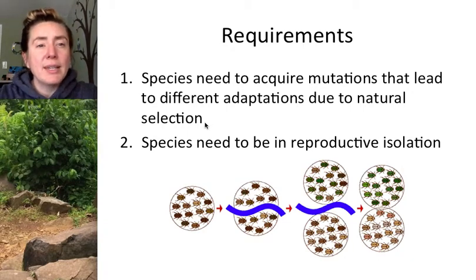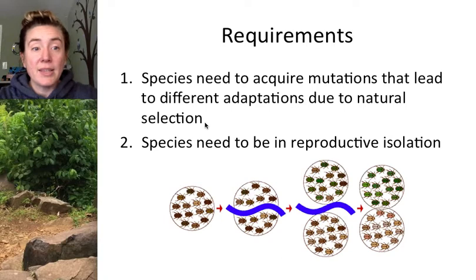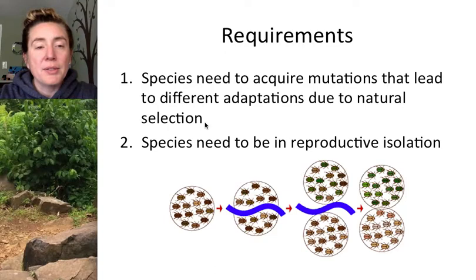So they might have slightly different adaptations, and that is going to be increasing the fitness, or its ability to not only just survive, but reproduce and pass on its trait to the next generation. And if that mutation is continued to pass on, then you can build up even more of these changes over time, and that's going to lead to that speciation event.